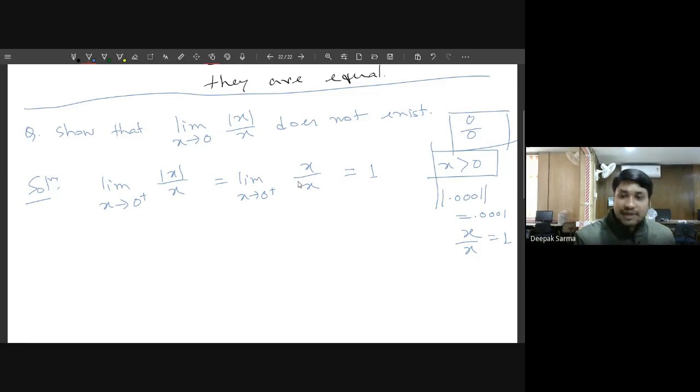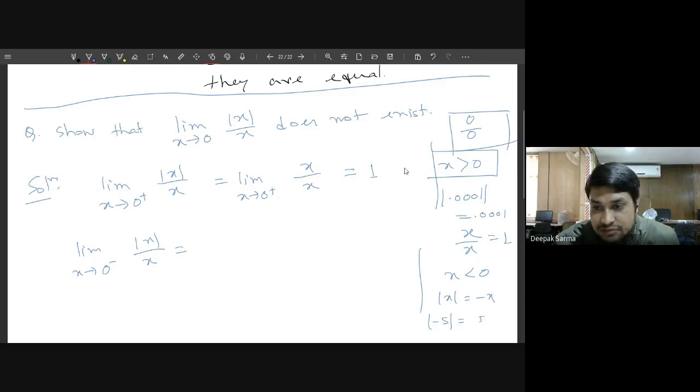Now if I consider the left hand limit, x tends to 0 minus. Now you might know, if x is negative, mod x is minus x. Do you know? Because if I choose a negative number, maybe minus 5, the answer is positive, which means it is the negative of the original number.